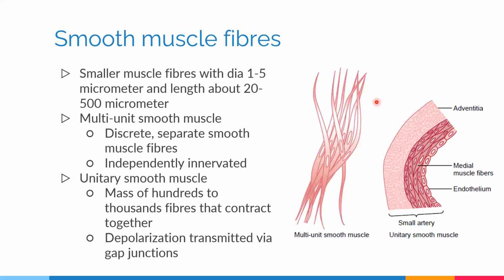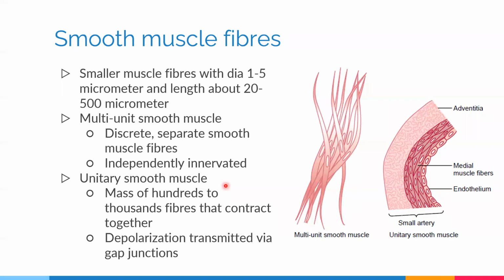The multi-unit smooth muscle is made out of closely present smooth muscle fibers which are individually innervated. So any signal coming from a nerve can individually excite particular smooth muscles, or can excite a smaller part of the smooth muscle itself and not excite the other part of the smooth muscle.